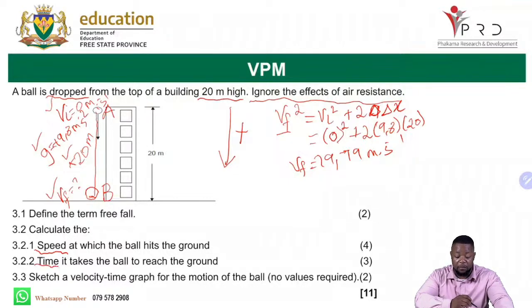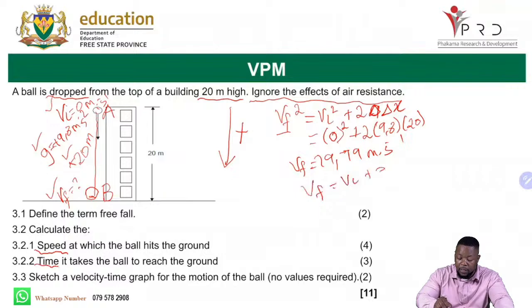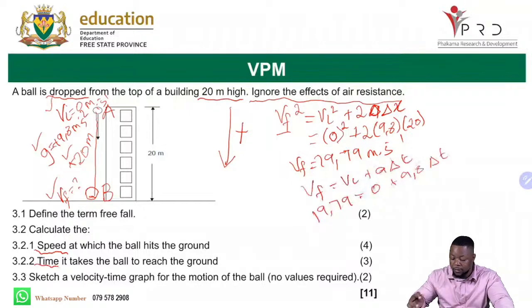So we now have the initial velocity and the final velocity, and we are looking for a formula that has delta t. So one formula that has delta t with all the information that we're having would be vf equals vi plus a delta t. Our vf is 19.79, the initial velocity is 0, plus 9.8 delta t.